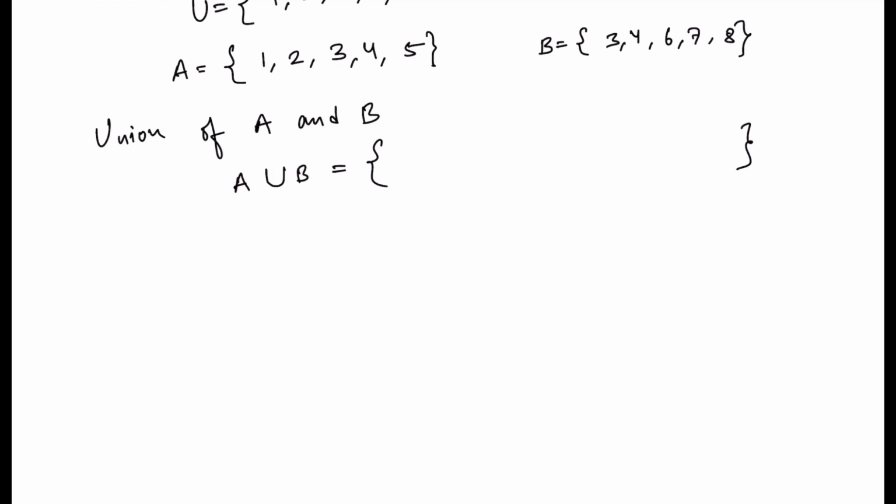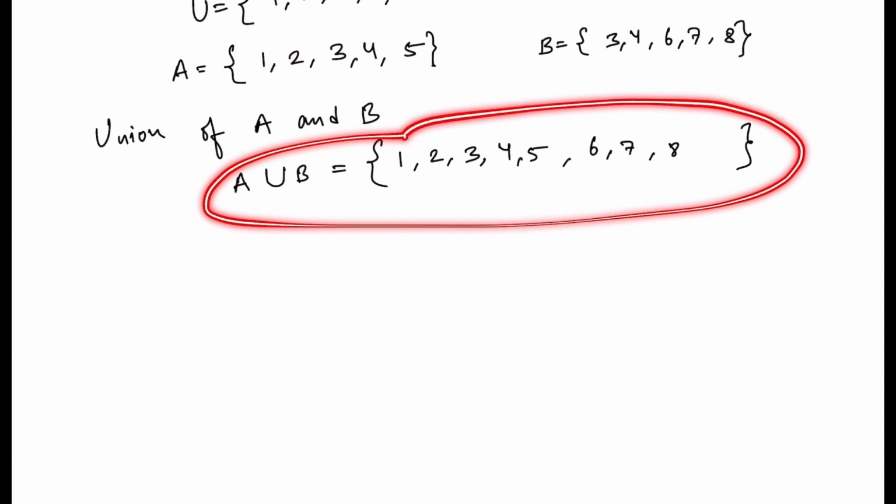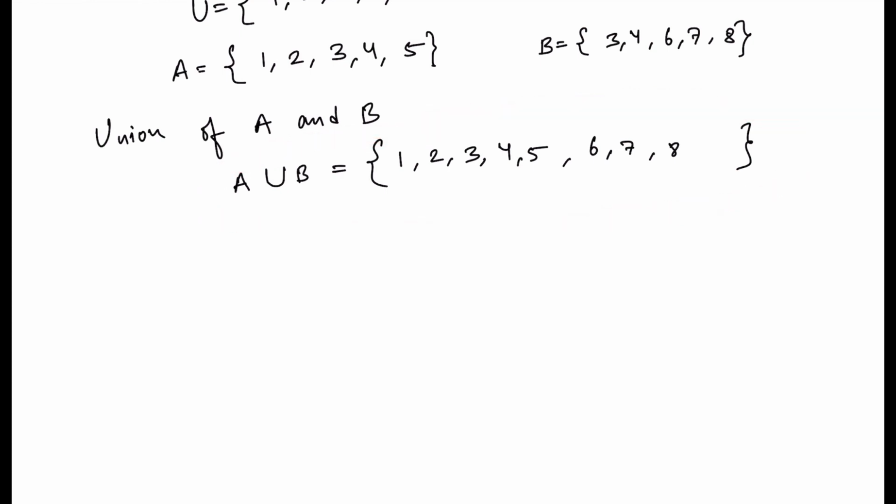In a set we do not repeat elements. So what are the elements? A has 1 2 3 4 5, and don't write 3 4 again, since I have already written 3 and 4. What are the remaining? 6 7 8. So this is A union B. A union B will have all the elements of A and B.